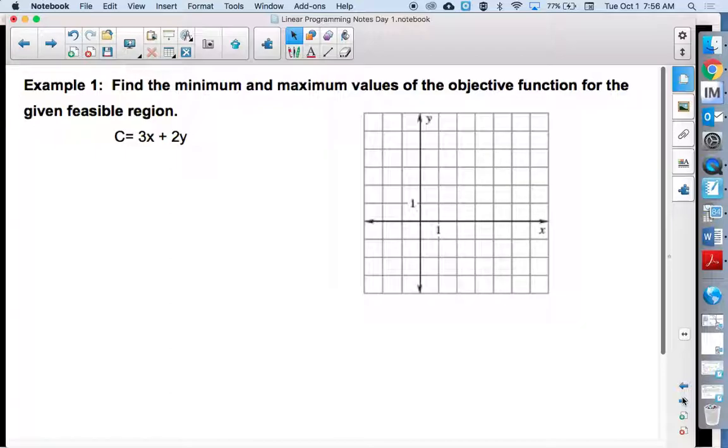So it says find the maximum and minimum values of the objective function for the given feasible region. So we're going to draw a little bit of a graph here. We'll start at the point 1, 1. And we're going to make a quadrilateral. So I just picked some points.